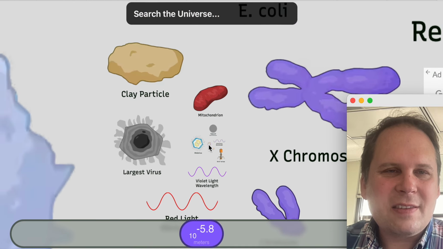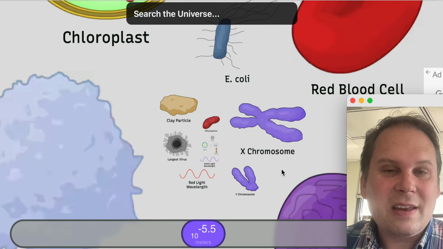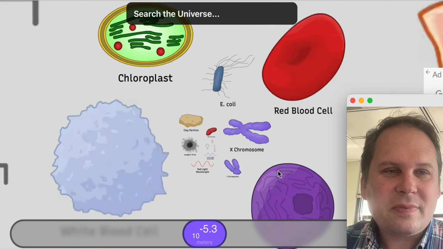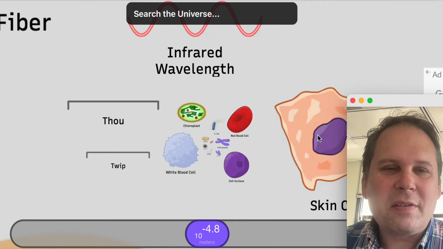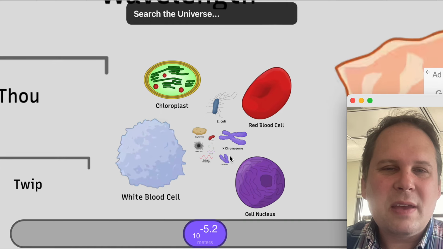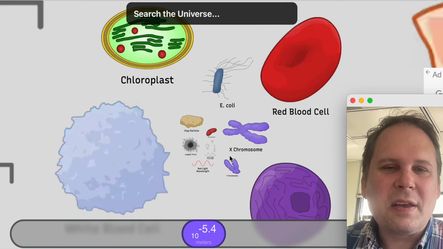So there's the size, and we are not yet to the point where we can get a cell on screen. There's the top of our bacteriophage. There's our little HIV. And over here, there's the size of our skin cell. So let's see if we can get them both on the screen at the same time. Well, we can get part of one on screen. There you go.